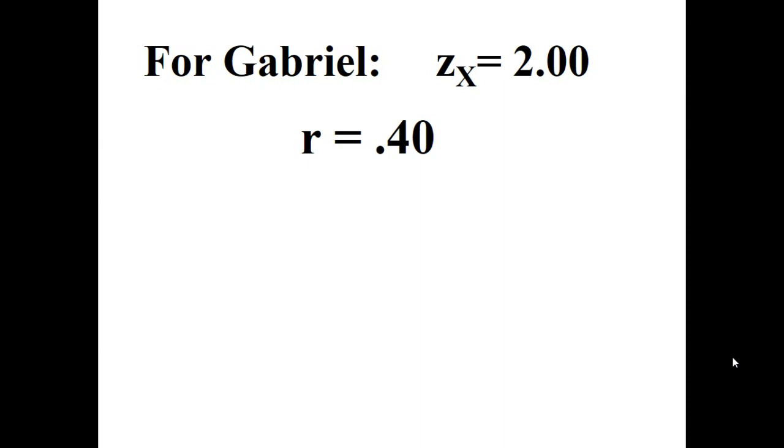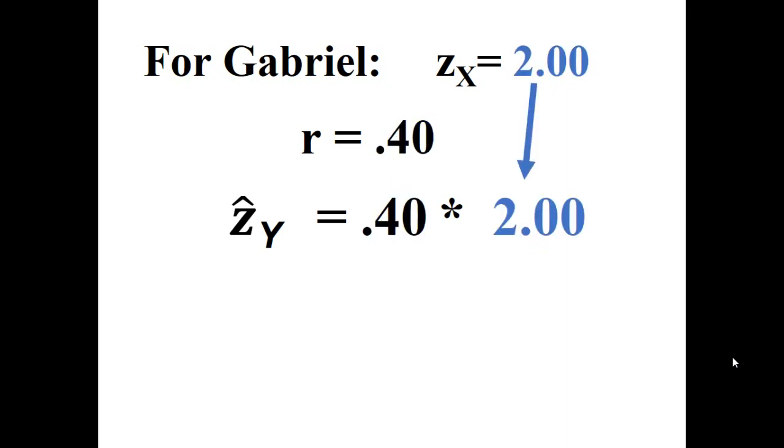Now, this can be a little difficult the first time you do it, so I'll work it out for you. We're going to use the magic formula. Remember, if we're trying to predict the z of y from the z of x, we always go to the magic formula. R equals 0.40, so we substitute that in. The z of x equals 2.0. That is, on the midterm, Gabriel's z-score was 2, which is pretty good, right?